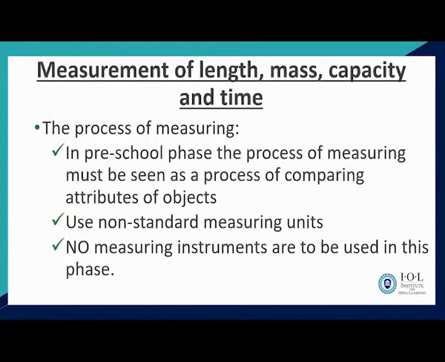Right. For the measurement of length, mass, capacity, and time, again, practical activities are very important. I quickly want to show you some, while we say practical activities are so important.